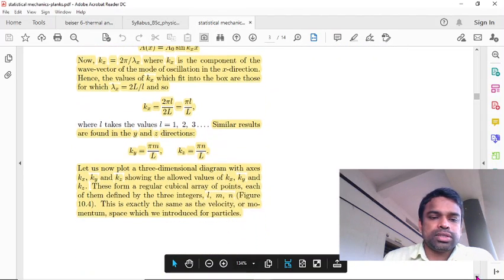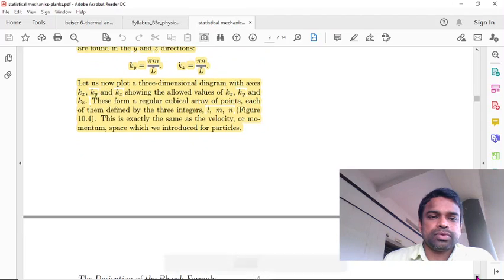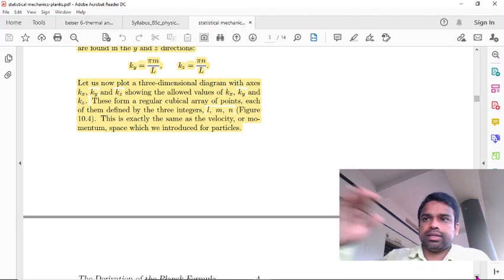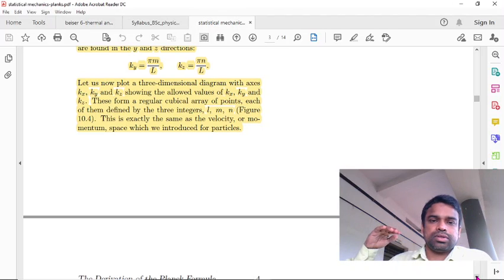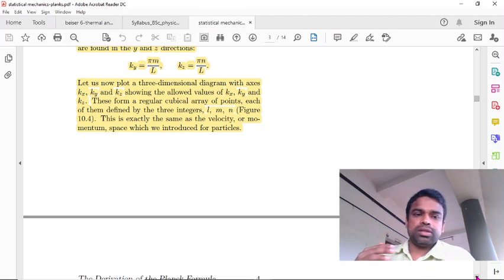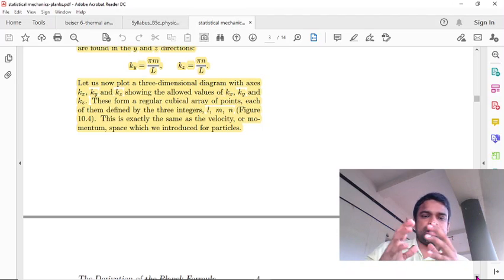Now we plot a three-dimensional diagram with axes kx, ky and kz. These form a regular cubic array of points, each of them defined by the three integers l, m, n.